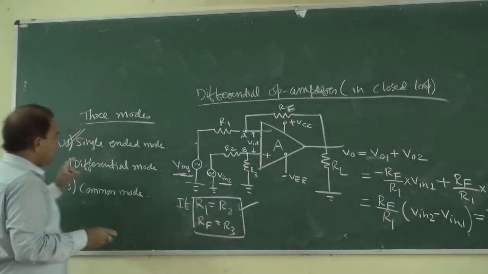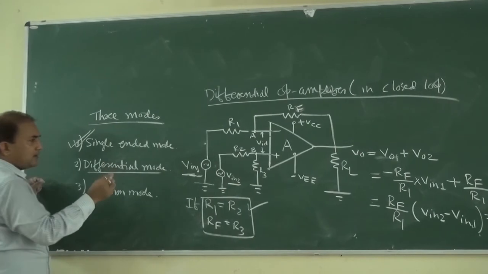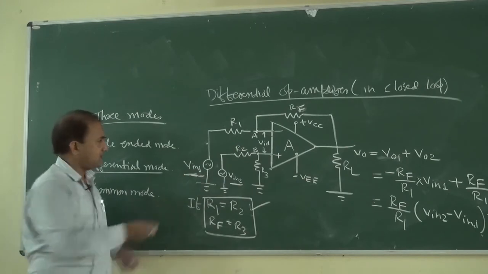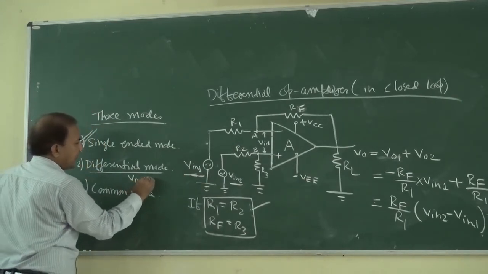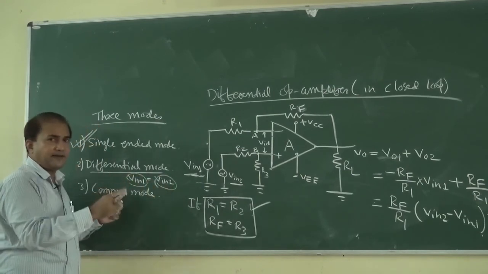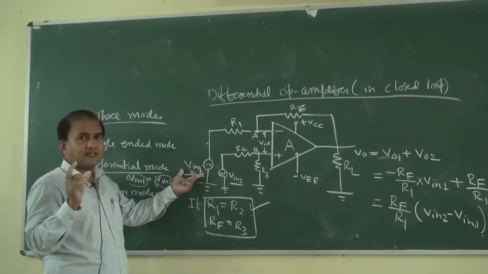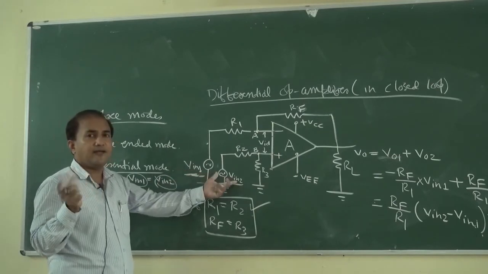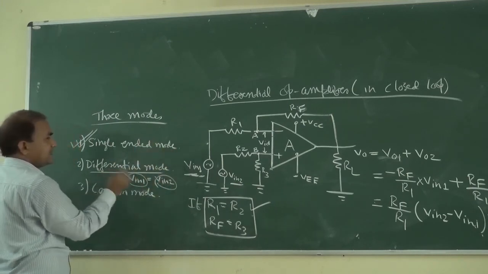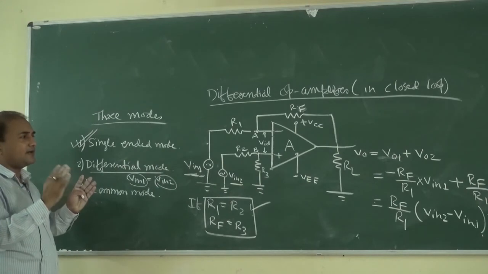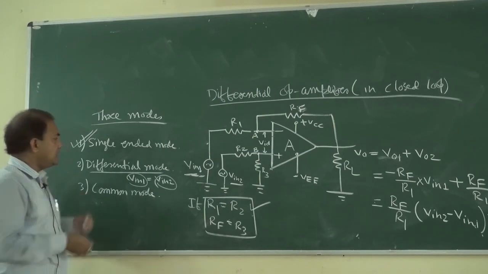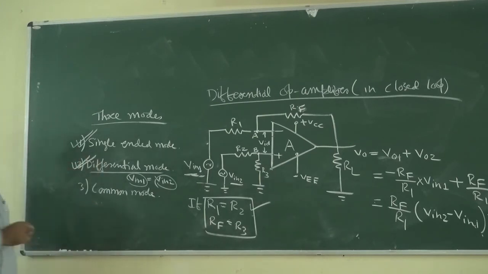Here in differential mode, V in 1 and V in 2 may or may not be the same. The magnitude may be the same or different, but the phase of V in 1 and the phase of V in 2 will be different. So this is about differential mode.